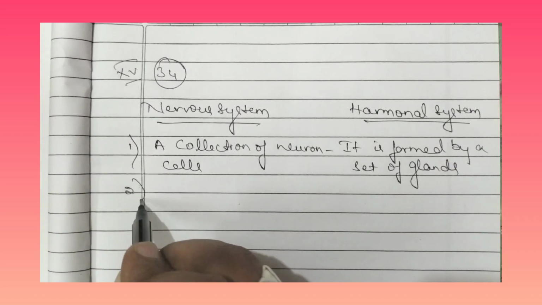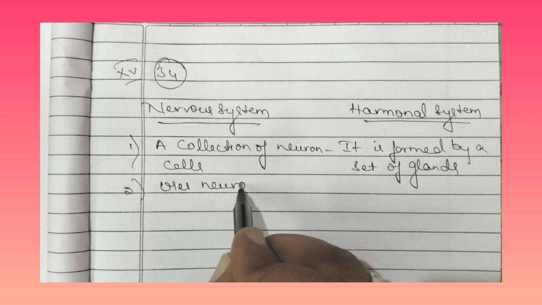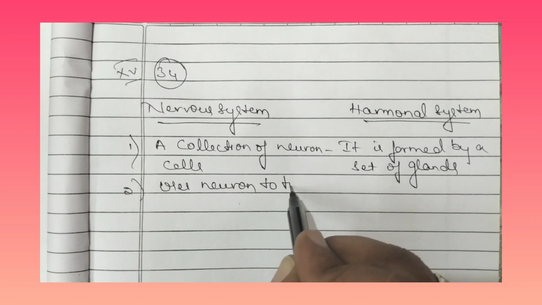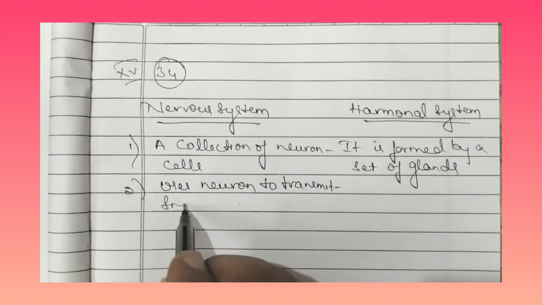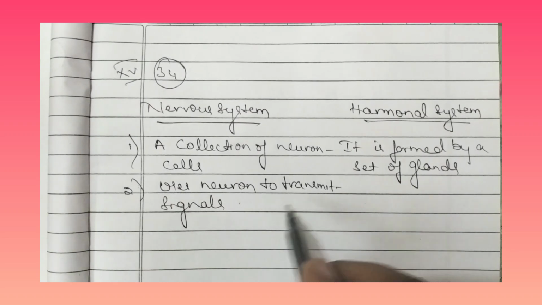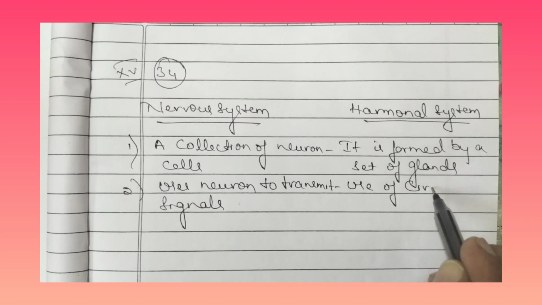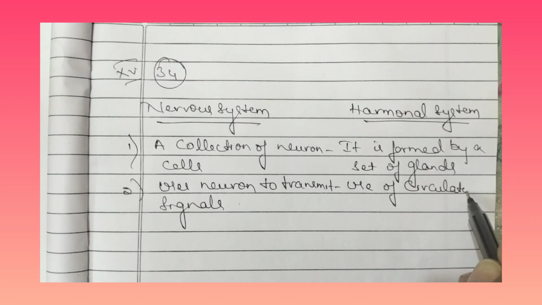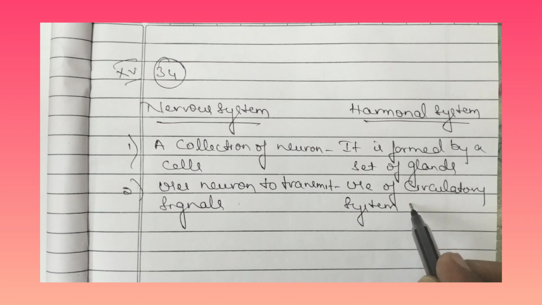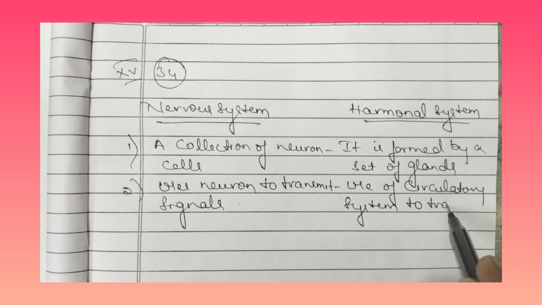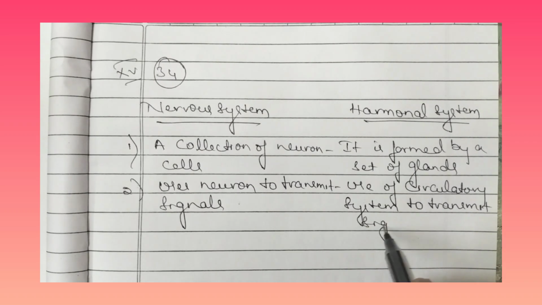Then the second difference between them: the nervous system uses neurons to transmit signals. The hormonal system uses the circulatory system to transmit signals.